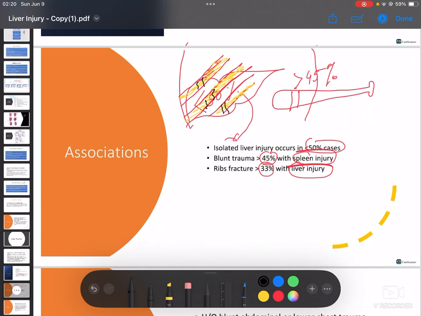This percentage is very high, and this is 33%.